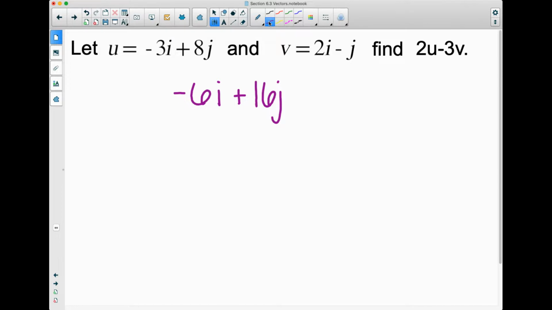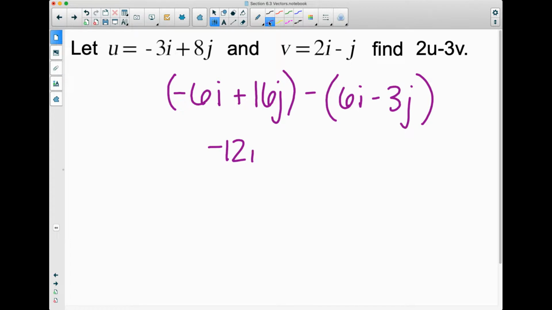And we are going to subtract 3 times b, so 6i minus 3j. So -6 minus 6 gets me -12i, and 16 minus -3 is plus 19j. So operations are still the same.